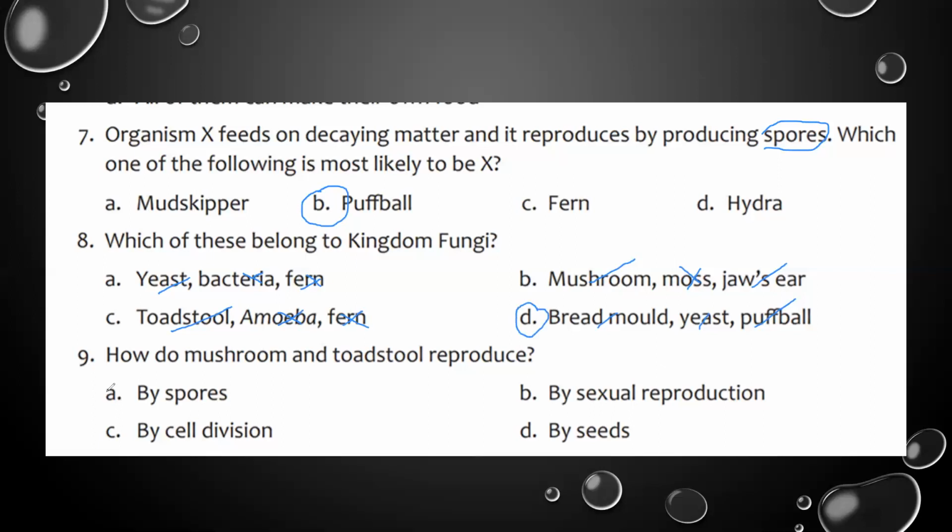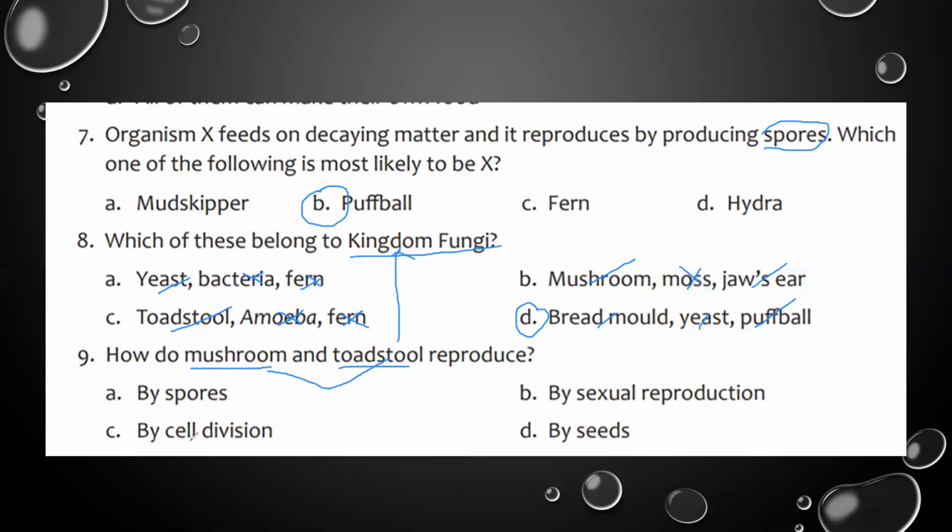Okay, number 9. How do mushroom and toadstool reproduce? So remember, mushroom and toadstool, they are what kingdom? Kingdom fungi. Yes. So how do they reproduce? A, by spores.